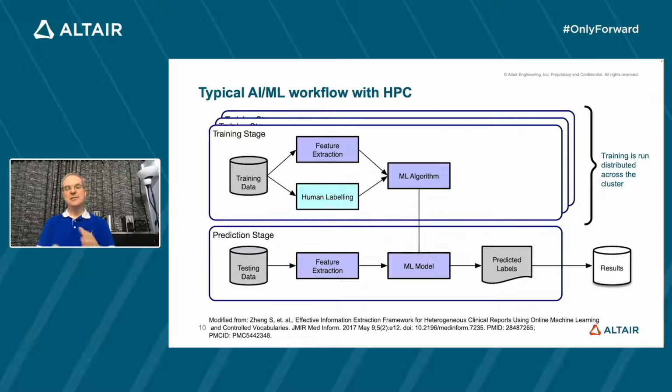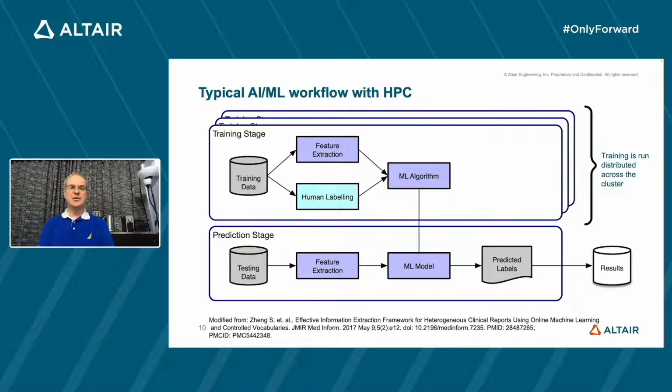Well, first of all, let me say that a typical pipeline does not necessarily have two separate stages, as in this diagram. If you're doing it without workload management, there's usually one. But because we're showing how you would do it with an HPC cluster, there is one for training and the other for prediction. So when you want to batch the training, you need that separate training stage that can be run on the HPC machine or cluster.